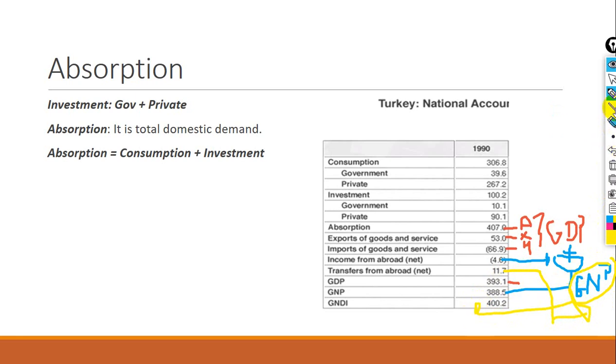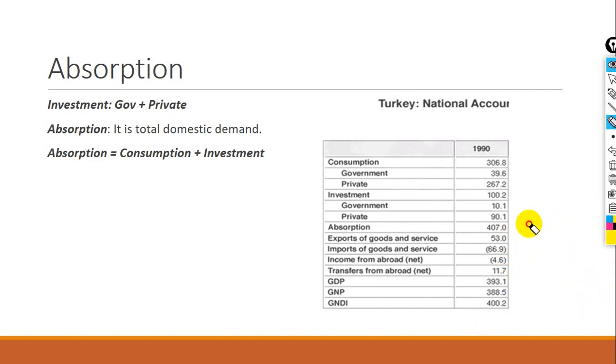Usually, in any problem you can find only this number and this number and this number and this number, and you have to find all the missing values.